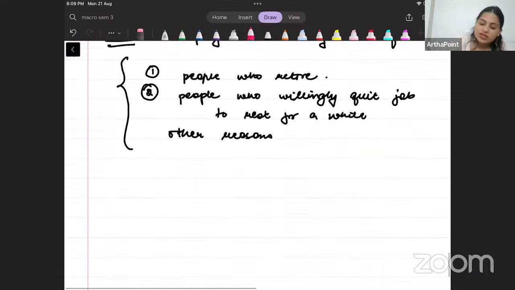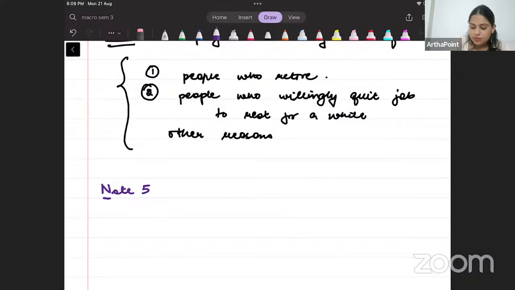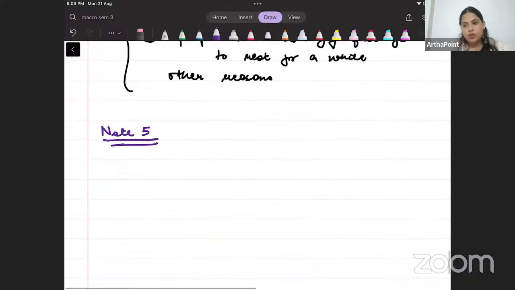So write down the last note, note 5. Now, but suppose I'm employed in XYZ company. It might be possible that now I switch my job, right? Or I am employed as, let's say, a professor.